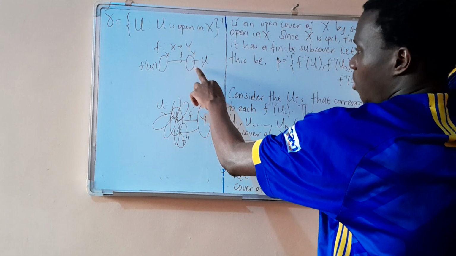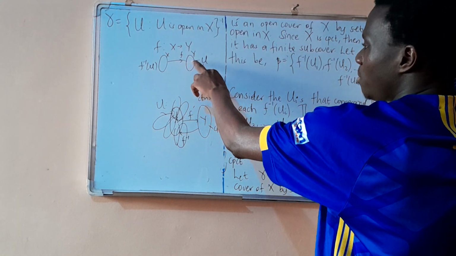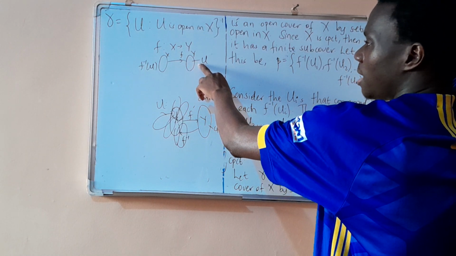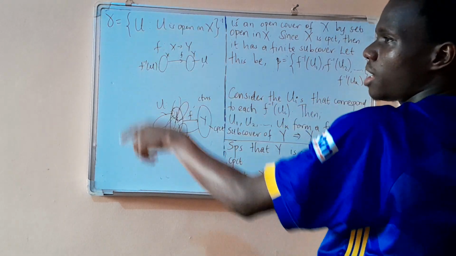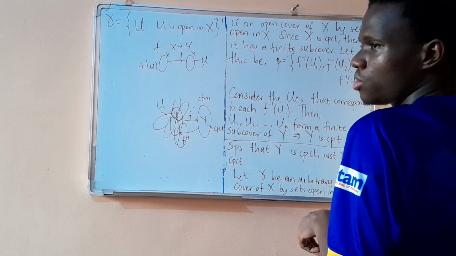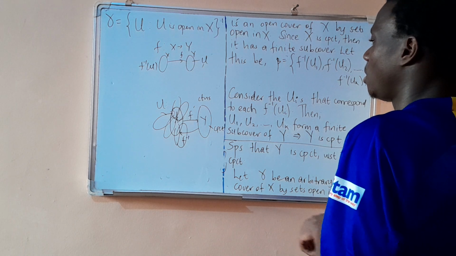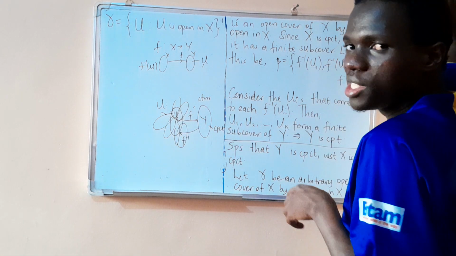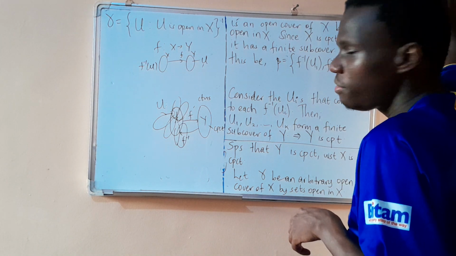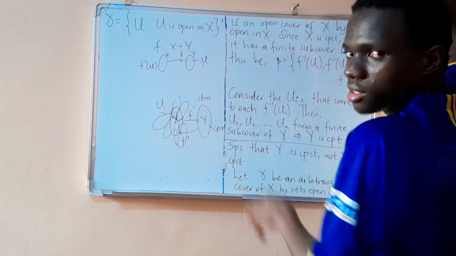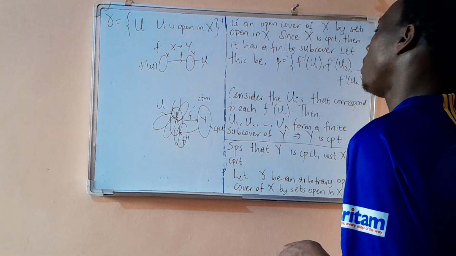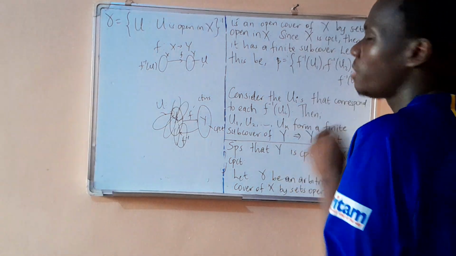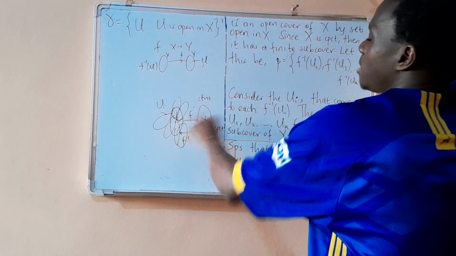Remember, F is continuous: if you pick an open set in the image, the inverse of that open set is also open in the object. Now the object of F inverse is Y, and the image is X.